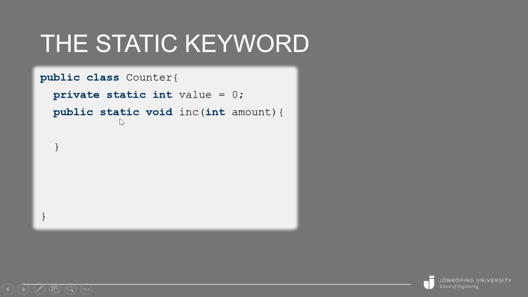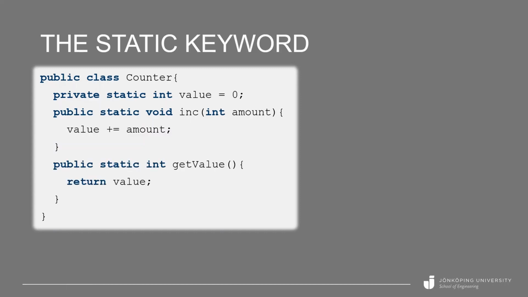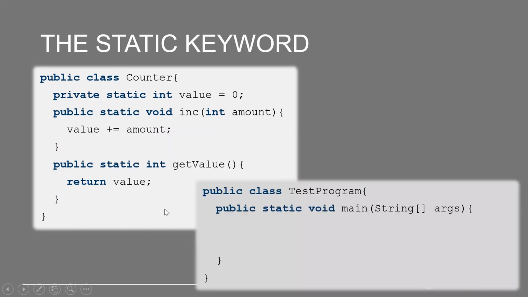By using the static keyword here, we're creating a static method as well. Inside this method, we cannot access instance variables of the class. Instead, we can only access class variables, so the variables here that are static. And here we have another method as well. If you want to use these static members, then you don't need to create a new instance of the class.